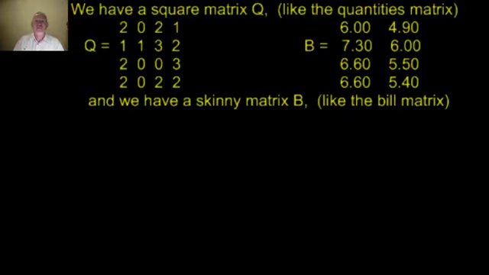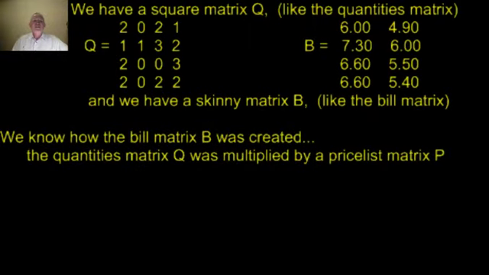So basically that's the information that I'm going to use in doing our real life calculation in the spreadsheet. But before we do that, I want to look at a bit of algebra around this. There's such a thing as algebra with matrices, you probably guessed, that behaves a bit like numbers. We know how the bill matrix B was created, because the quantities matrix Q was multiplied by some price list matrix P, and that gave us the B that we ended up with.